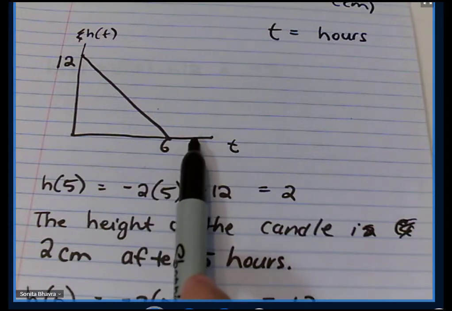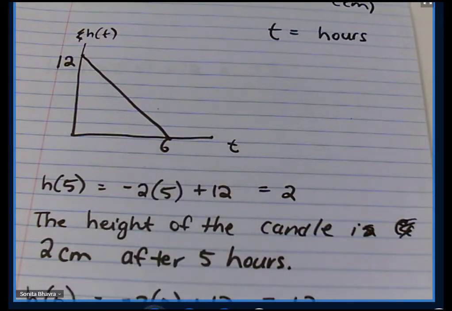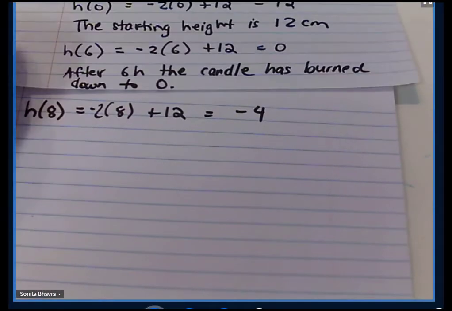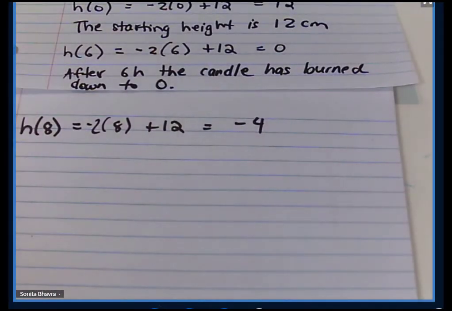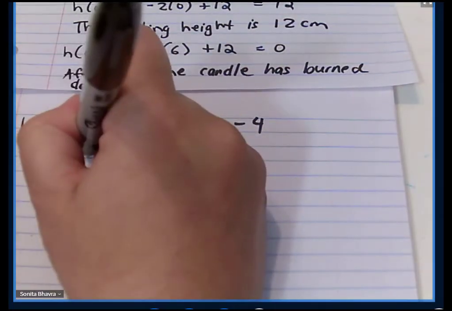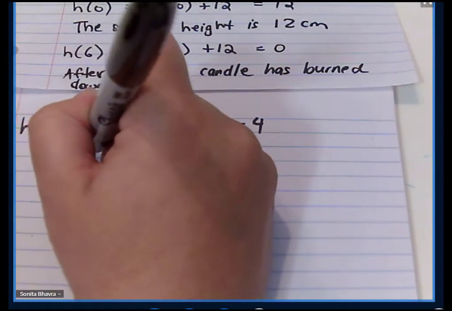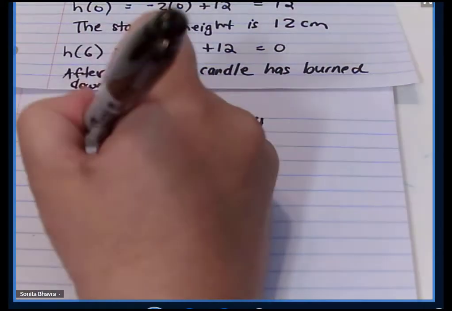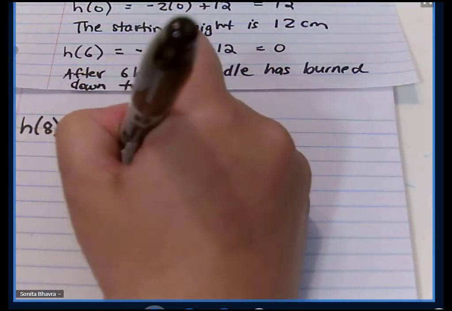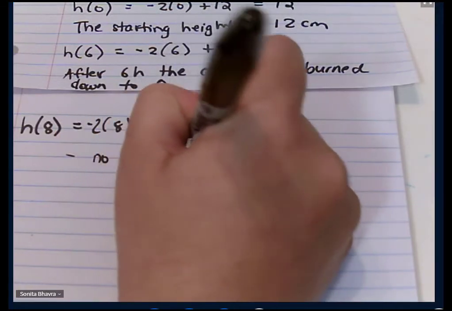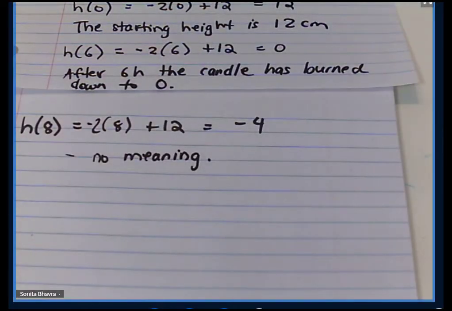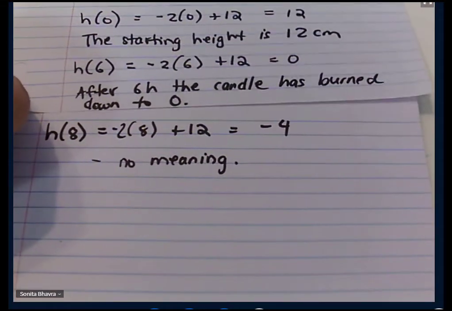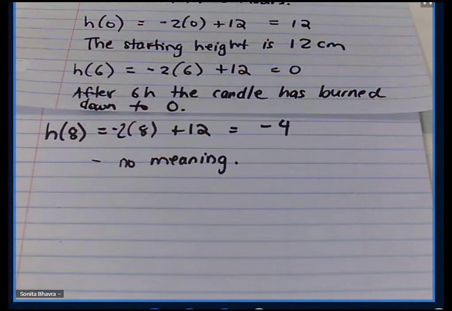So if we go to 8 hours, it actually has no meaning. All right, so I'm just going to finish that here, and then I'll put that back for you. All right, so this means there's no meaning because we don't have a negative height for our candle. So we can just say here, no meaning. All right, so we'll just leave that here. I'll just pause it.